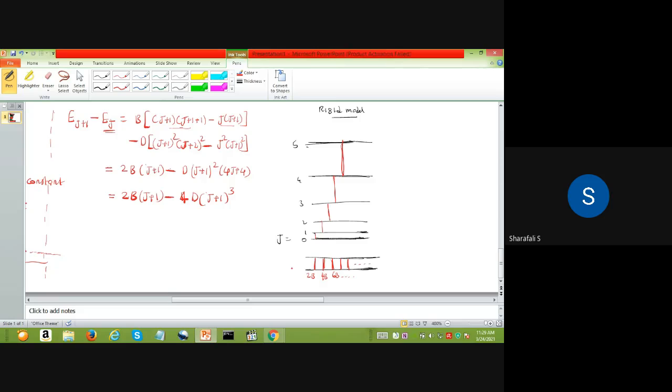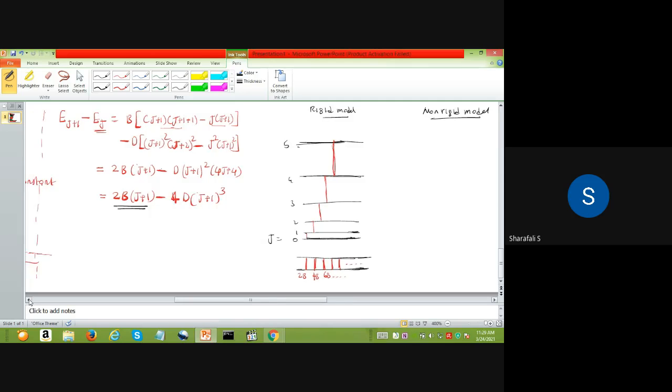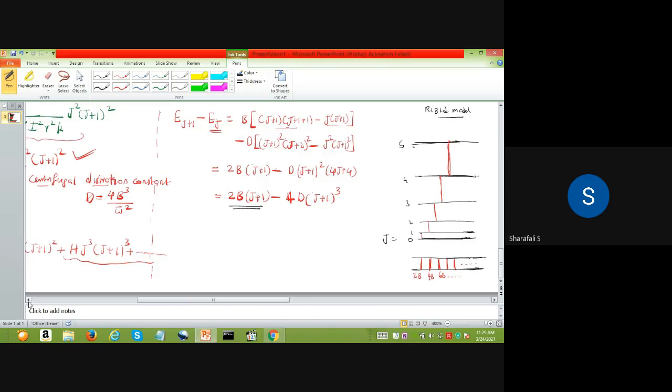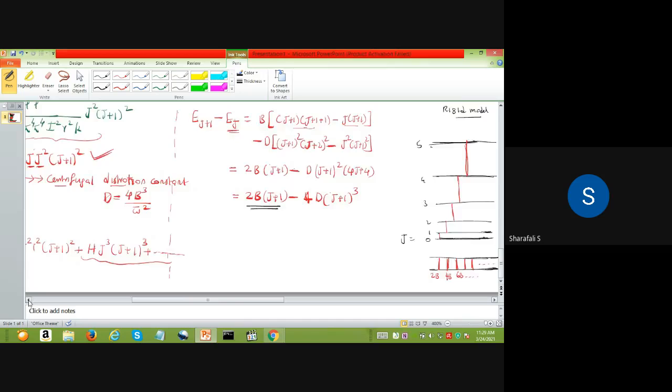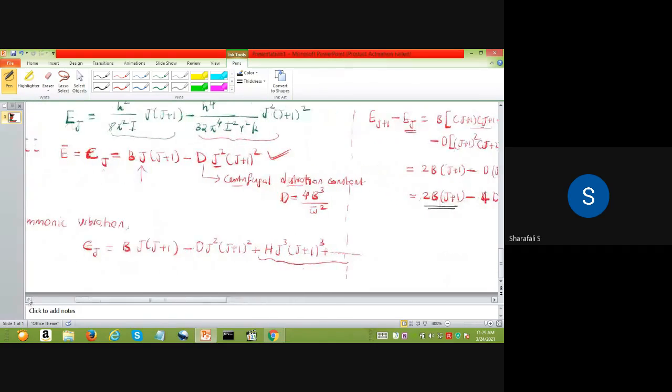This we already discussed. But when you consider the non-rigid model or non-rigid rotator, for the non-rigid case, what will happen? We have 2B(J+1) here. So you can see the energy levels from here.